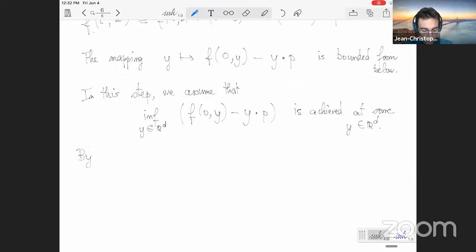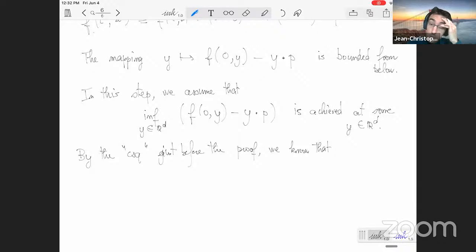So by this consequence that we discussed at the beginning, just before the proof, we know that we can find a slope in the subdifferential at (0,y) which solves the equation.